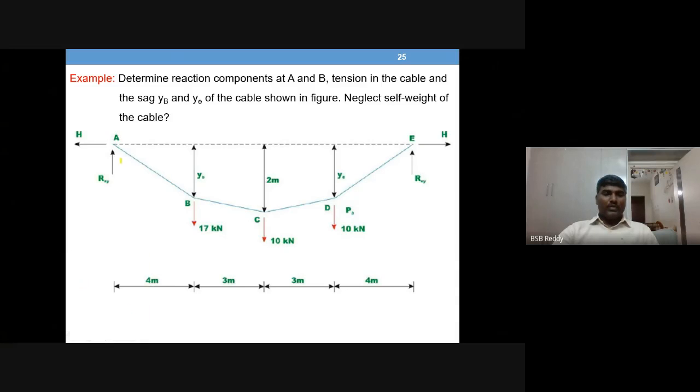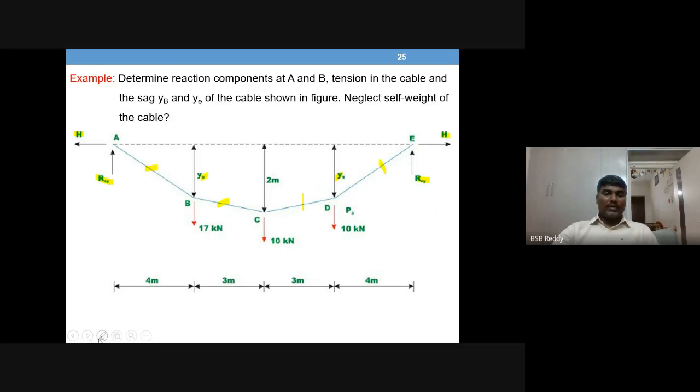H is the unknown, and RAY, because you have a hinge here. So 2 and 2 here, total 4 external unknowns, and then 1, 2, 3 and 4. So total 8, 4 plus 4, 8, plus geometry 1, 2.